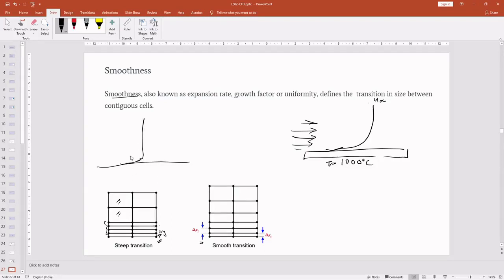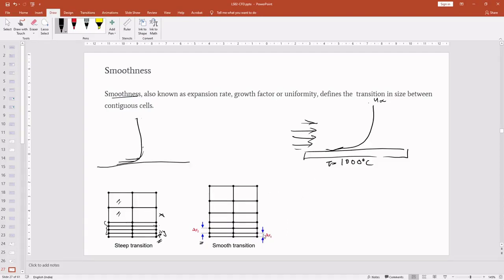So it will go like this and suddenly a straight line, because in the small cells of the first layers we can pick up small changes. But once the sudden, steep transition happens, we directly get a straight line or some jerk will happen. To avoid that, there should be a smooth transition.